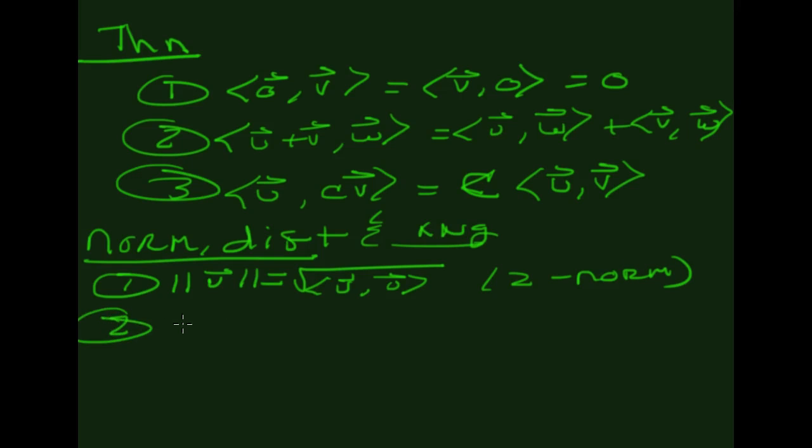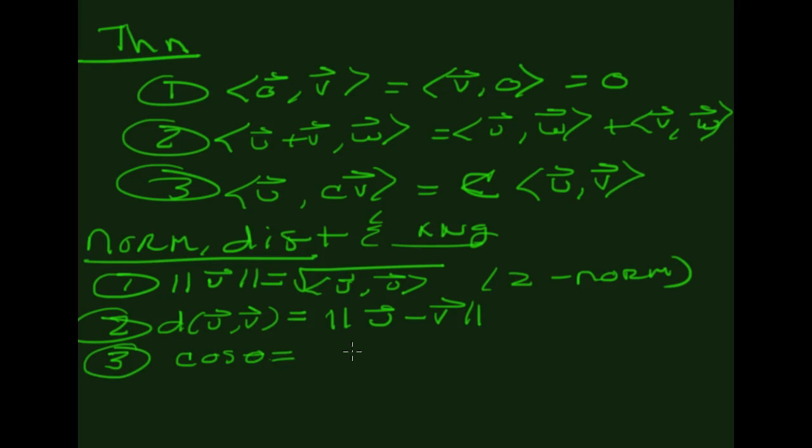I can find the distance between two vectors using this induced idea, and that's just taking the norm of the difference of the two vectors, however subtraction is defined in the vector space. So that's a distance.